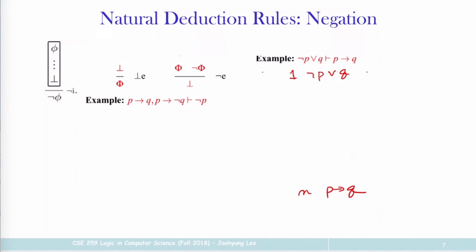Here I will use OR elimination to derive the last line, and my case split is not P and Q. So which two boxes do we need? You just make two boxes, one with not P and one with Q. I need a box that has not P in the first.